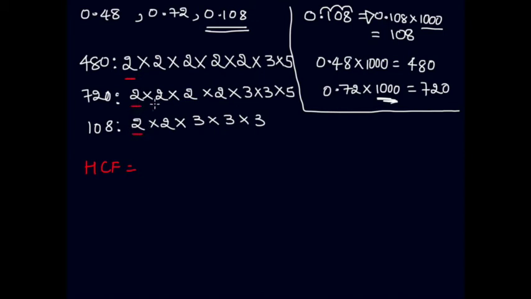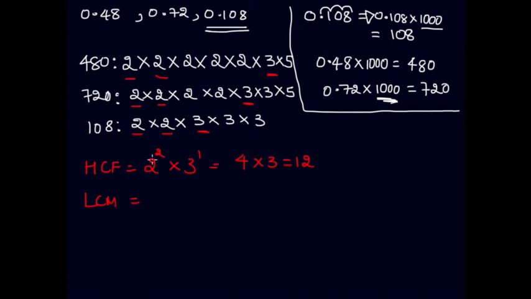There's 2 repeated everywhere. 2, 2, 2. Looks like that's it. So, 2 raised to 2. And then the next factor common looks like is just 1, 3. Right? Yes. 3 raised to 1. So 2 raised to 2 is 4 times 3 is 12.